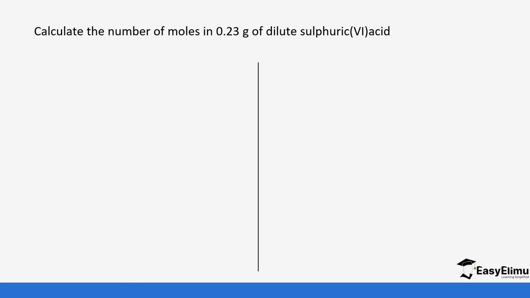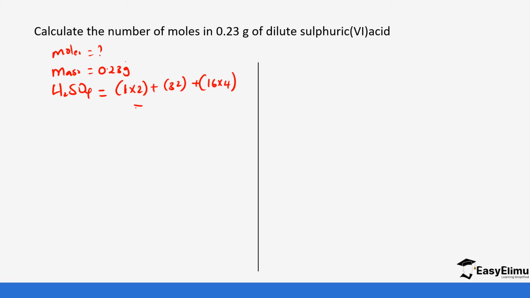Let's do a few more. The last one, calculate the number of moles. You have been given the mass, which is 0.23 grams of dilute sulfuric acid. We can get the molecular mass of sulfuric acid, which is hydrogen, atomic mass 1, and there are two of them, plus sulfur, which is 32, plus oxygen, which is 16 times 4, which gives us 98.